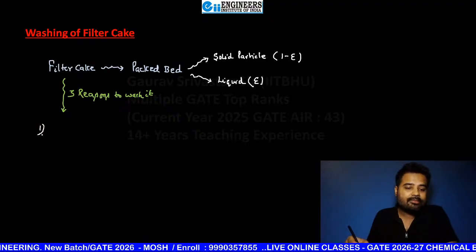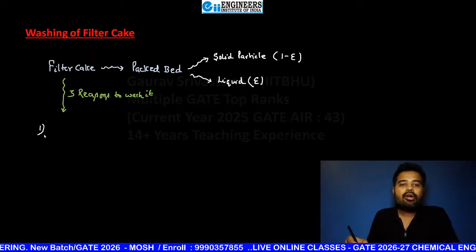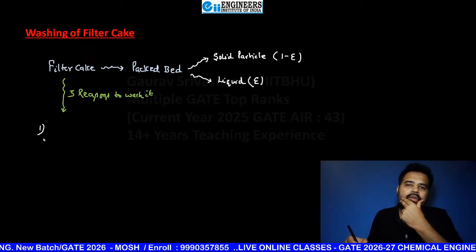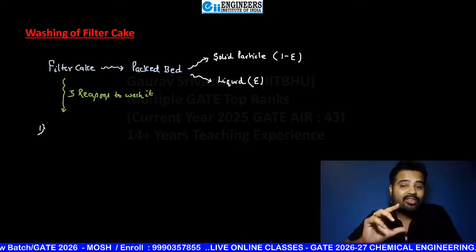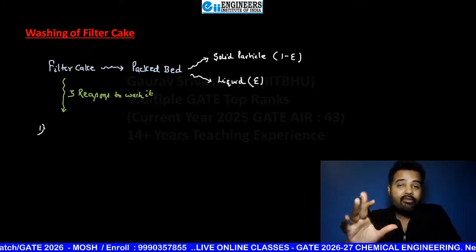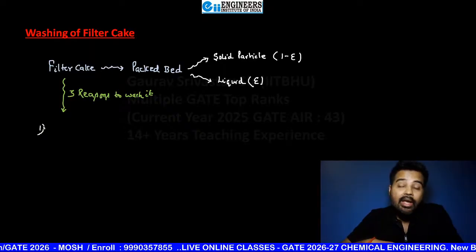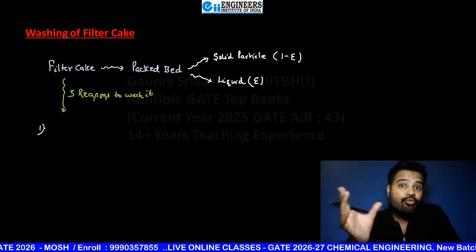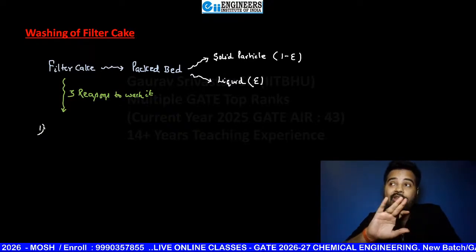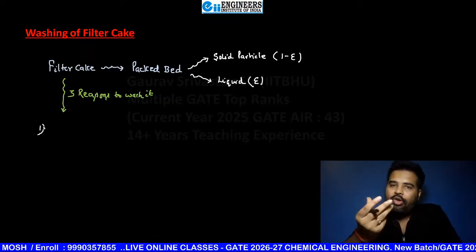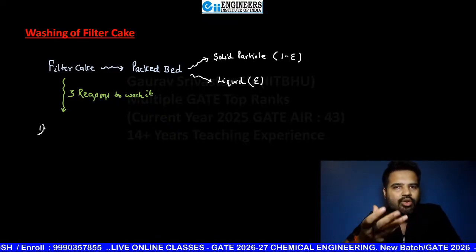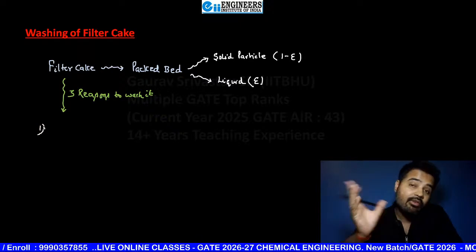Reason number one: maybe in your cake the solids present are very important for us, and we want that solid in pure form. First we removed a lot of liquid with the help of the filter, and now the residual liquid available in the cake, we again want to remove it.